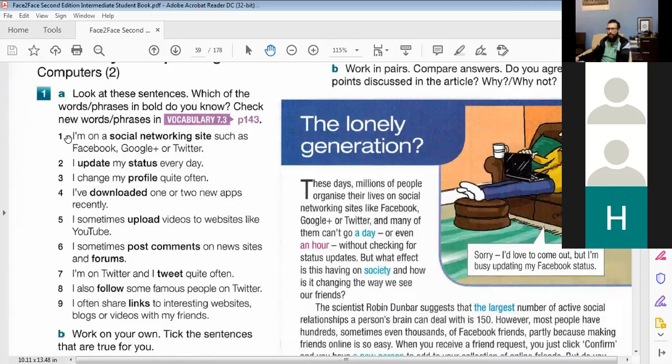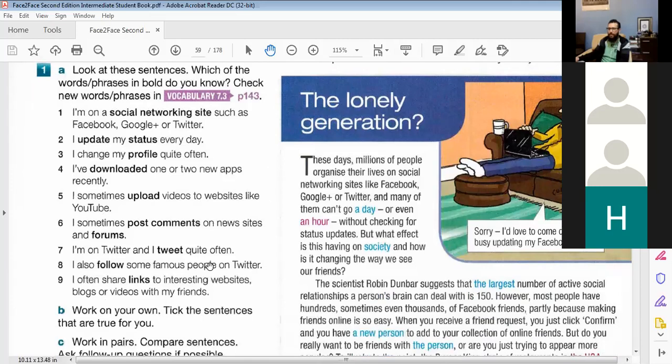They want us to take a look at these sentences and see what they mean. Number one, it says, I'm on a social networking site such as Facebook, Google, or Twitter. I update my status every day. I change my profile quite often. I've downloaded 1 or 2 new apps recently.